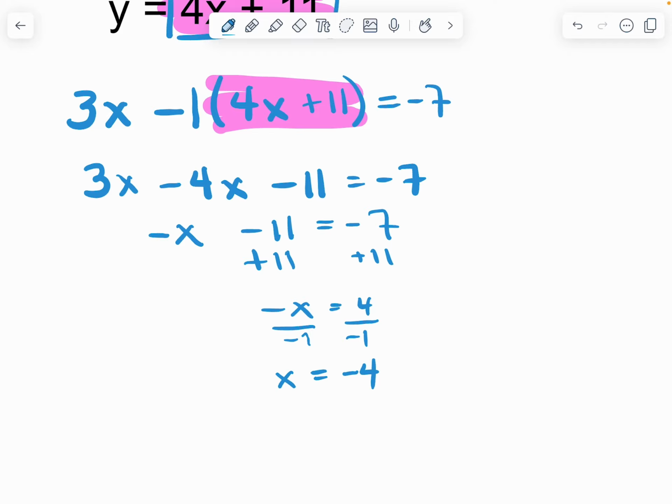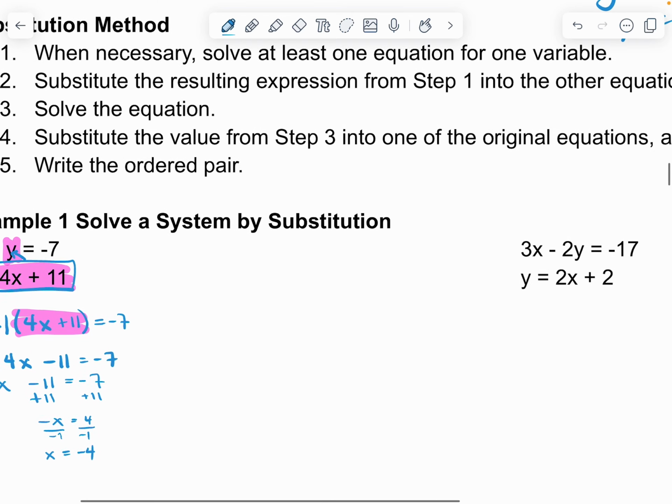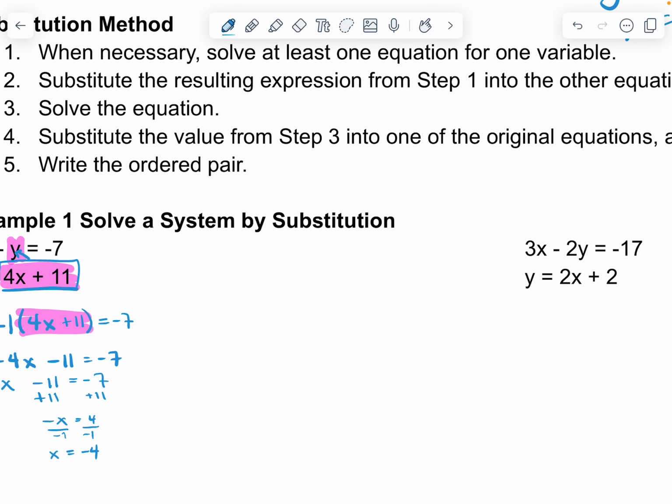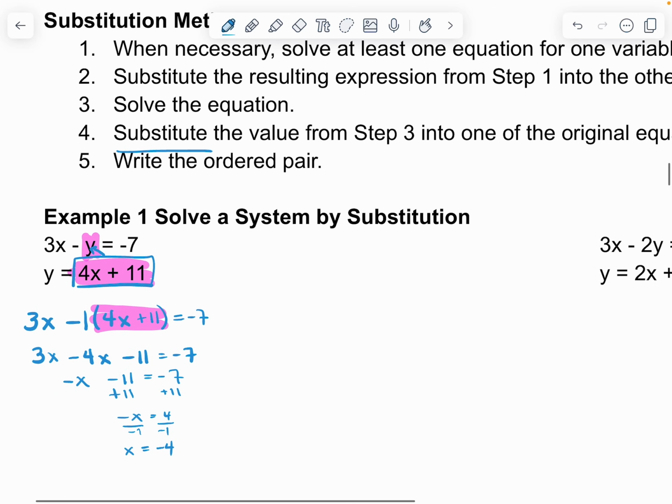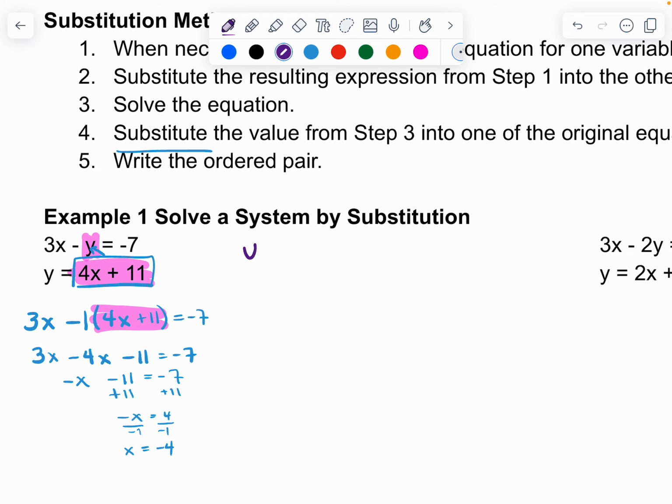I've done all of what it said up to 3. Step 4 says that I'm going to substitute the value from step 3 into one of the original equations and solve. Well, I don't want to plug it... Oh, that's not true. I can plug it back into either equation.